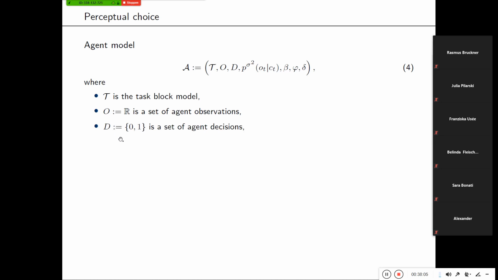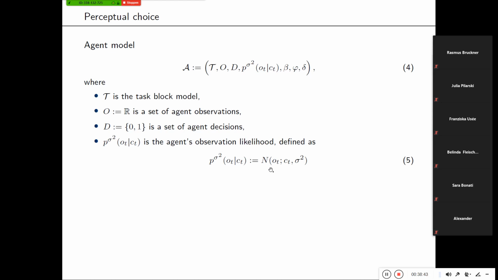What the agent definitely also has is a set of agent decisions. So it can decide 0 for deciding the contrast is higher on the left, and 1 for deciding the contrast is higher on the right. And then it has the agent's observation likelihood. It encodes a probability distribution over observations conditional on a given contrast level.